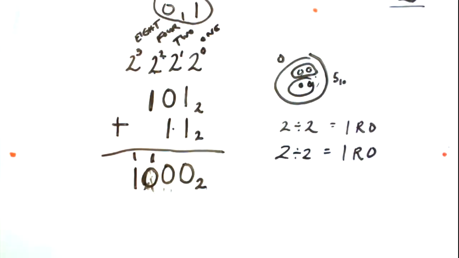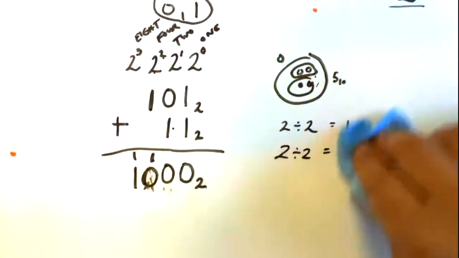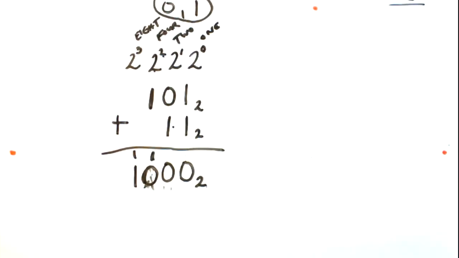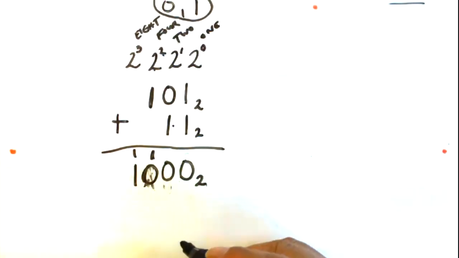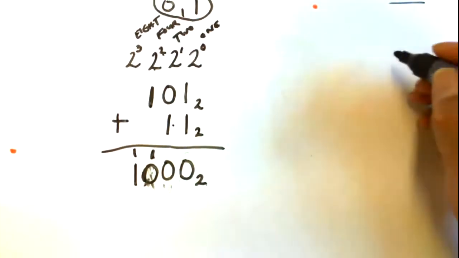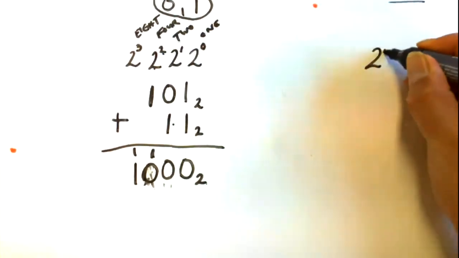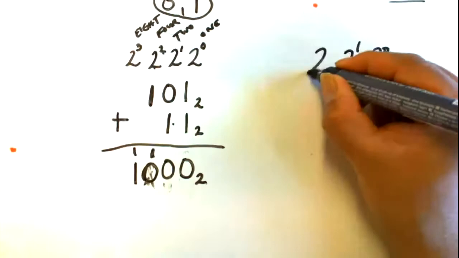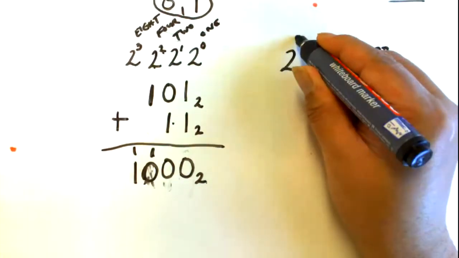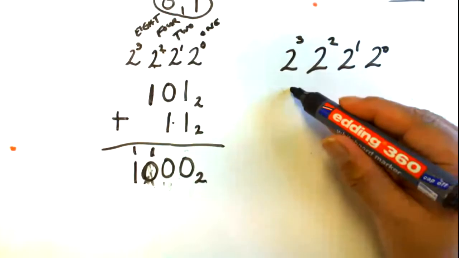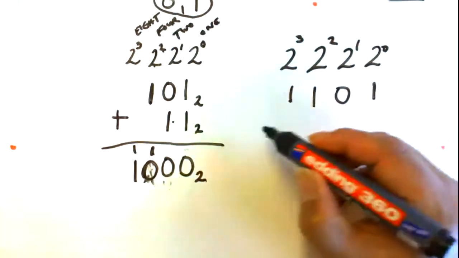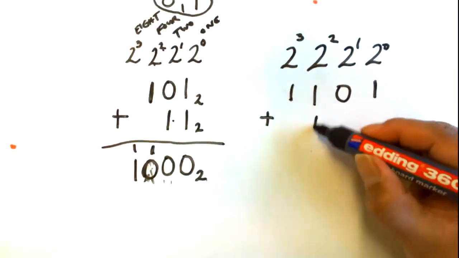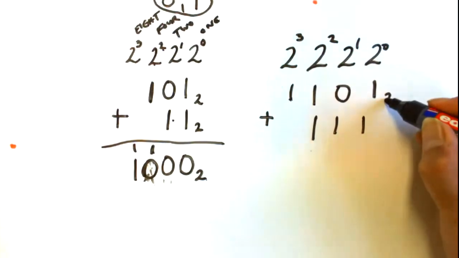Let's have another example. Now let me just rub this out. Okay, let me just write all of the exponents in here. We'll do it very quickly. Let us say we've got 1, 1, 0, 1 plus 1, 1, 1, all of them in base 2.